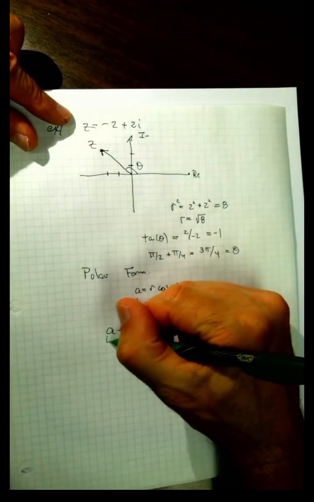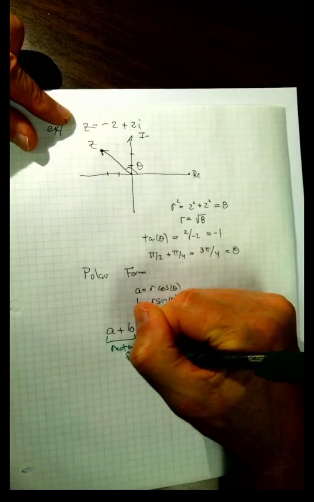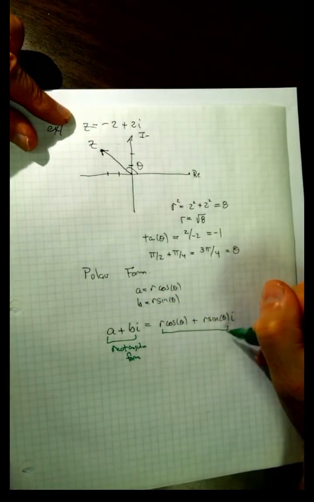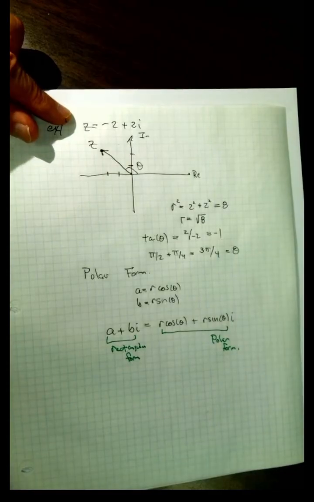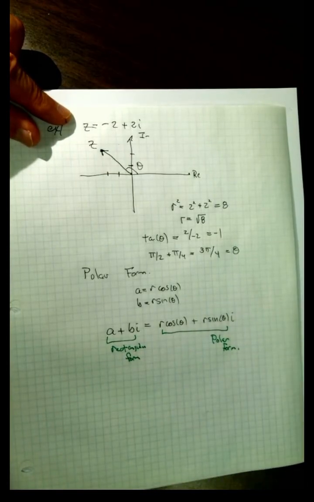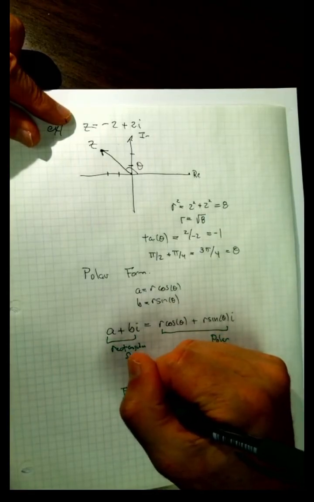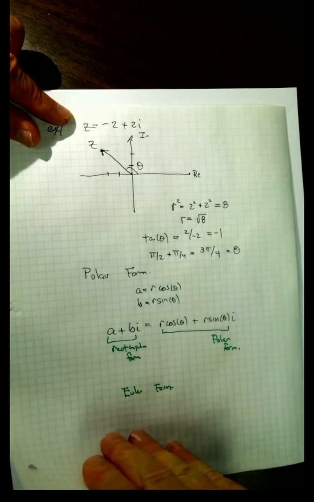We're going to call this the rectangular form. And this we're going to refer to as the polar form. So you should be able to go back and forth between those two things. And there's going to be yet one more way, and that's going to be called the Euler form. So what's going on with that?